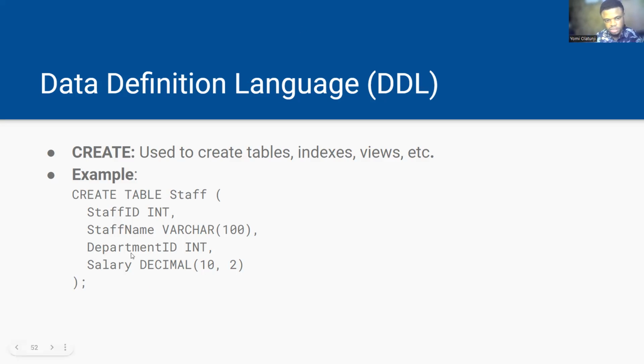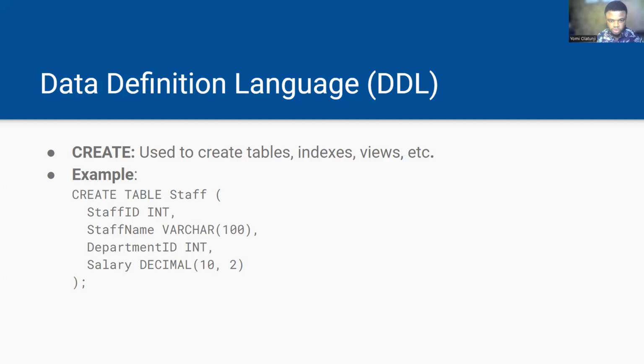In this case, the staff name is nvarchar, and because it is a string, I want to limit how much space the database should create for it. You want to give it as much space as you think the name should reasonably take, but not too much, so you don't take up too much memory on the database. So I'm saying the staff name should be nvarchar 100, variable character, where the 100 is the number of characters it can take.